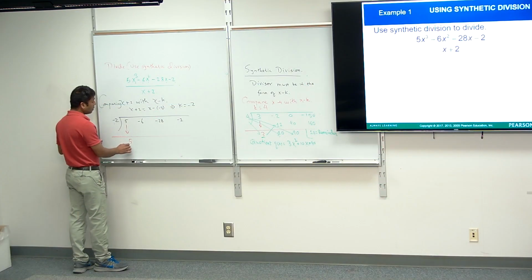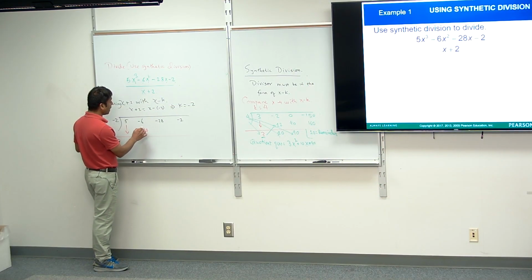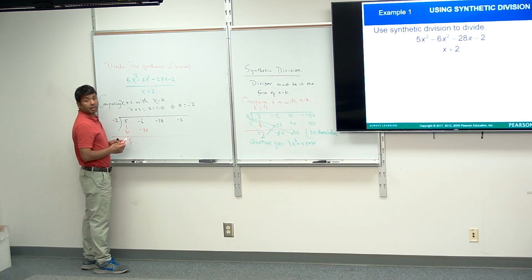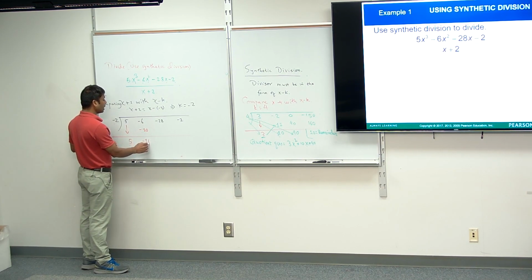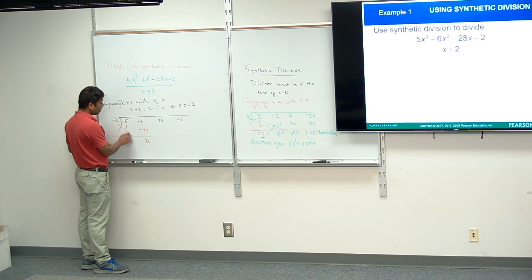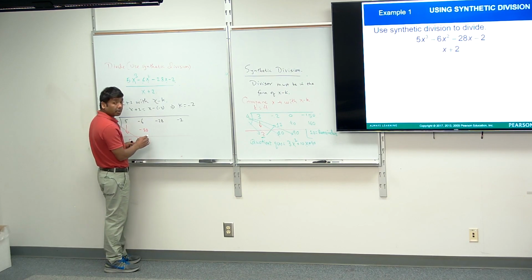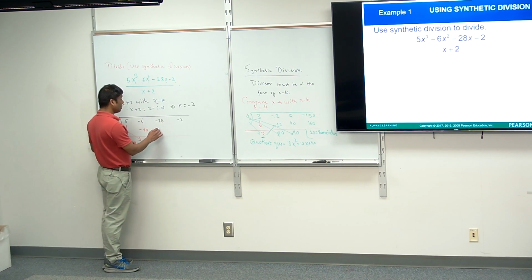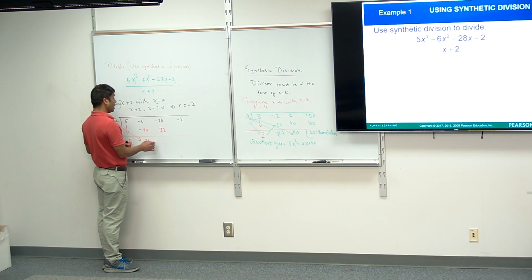So negative 2 times 5, it's going to be negative 10. Negative 6, negative 10, you combine them, right? It's a negative 16. And you multiply this by negative 2. Are you guys with me? Negative 2 times negative 16, what is negative 2 times negative 16? Positive 32, right? And negative 28 plus 32, it's going to be 4.